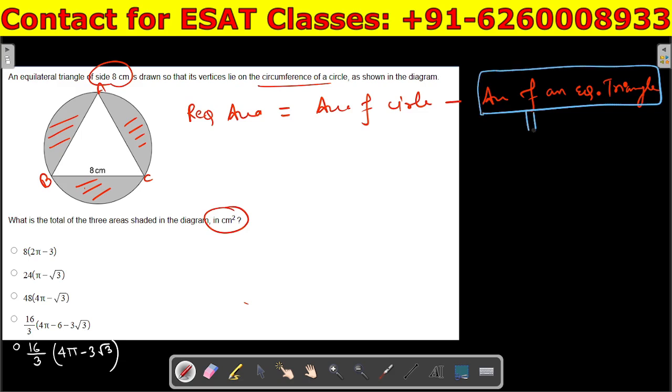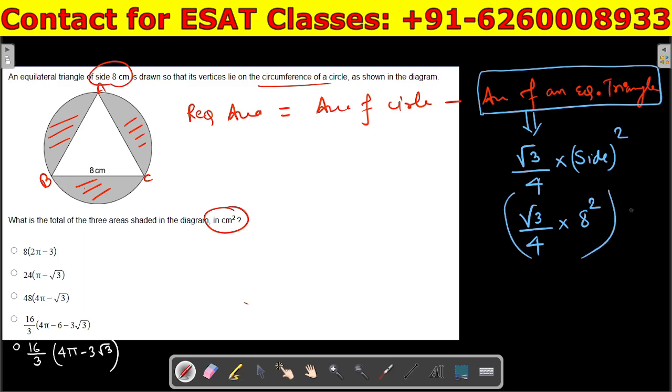We know the formula: root 3 by 4 into side square, and we have the side length, that is root 3 over 4 into 8 square, and this will be in centimeter square because the unit is centimeter.